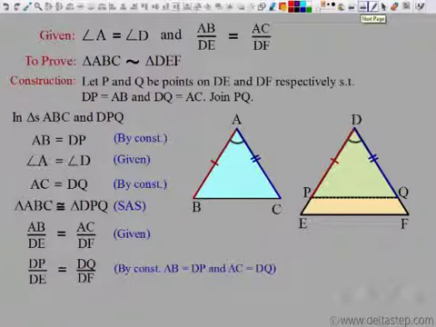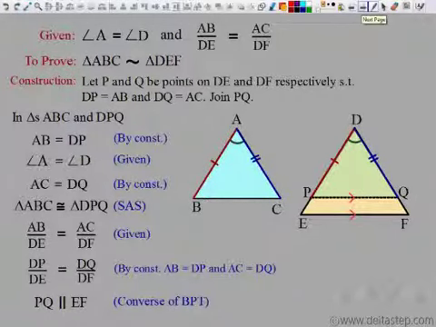Now, once I know that the ratio of the corresponding sides are proportional, I can say that the lines would be parallel. So I can say that PQ would be parallel to EF. Why? Converse of BPT. Like BPT said, if lines are parallel, ratio of sides would be equal. Now if ratio of sides are equal, then I can say lines are parallel by converse of BPT, which is the basic proportionality theorem.